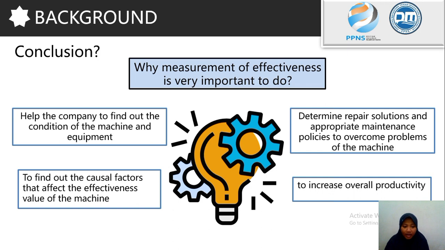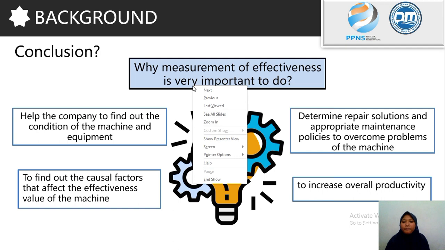Also, it can find out the causal factors that affect the effectiveness value of the machine. So, appropriate maintenance policies and repair solutions to overcome problems of the machines can be determined, so it can increase overall productivity.